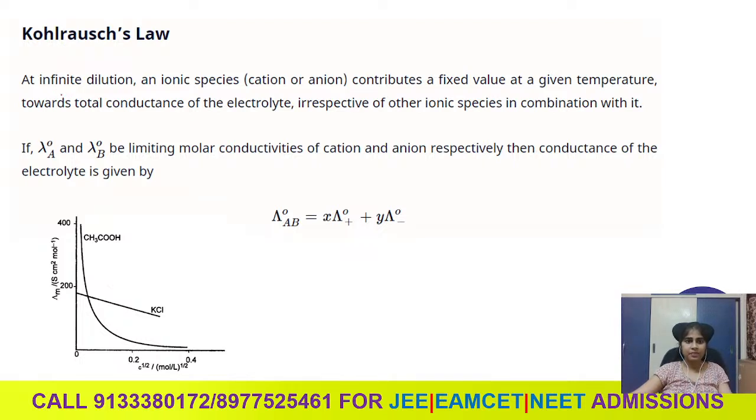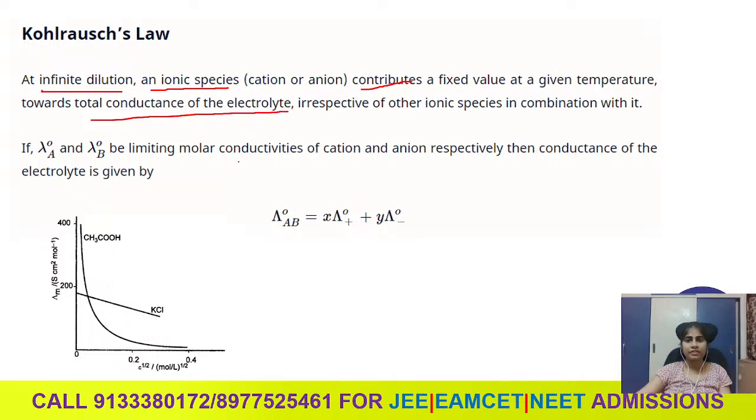What is Kohlrausch law? At infinite dilution, meaning we are decreasing the concentration of the solution by diluting it, an ionic species, either cation or anion, contributes a fixed value at a given temperature towards the total conductance of the electrolyte.